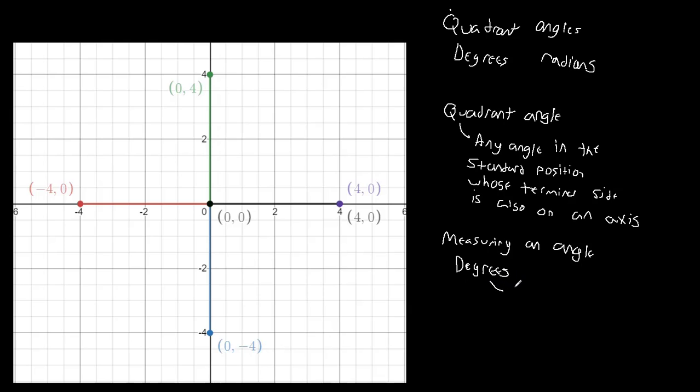Right, so the way degrees work is going from the initial side all the way around, coming back. So the initial side and the terminal side are the same.